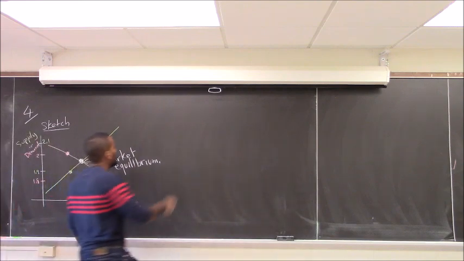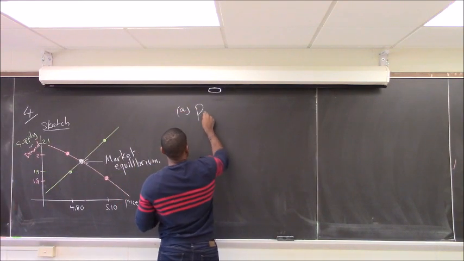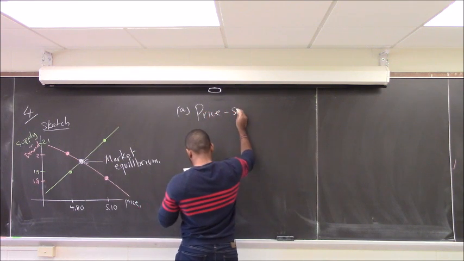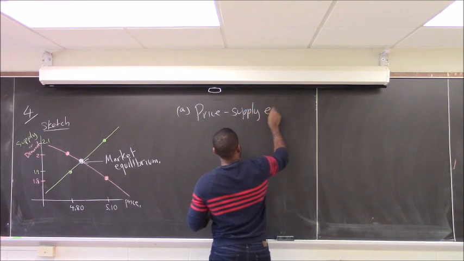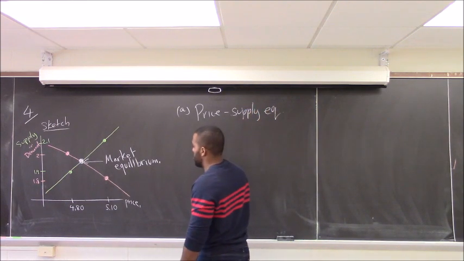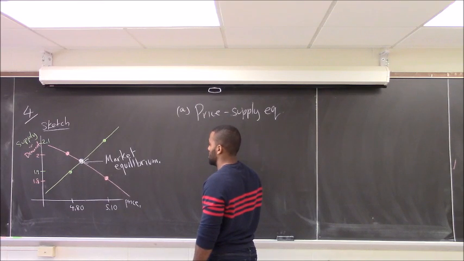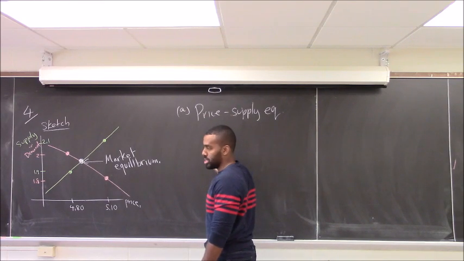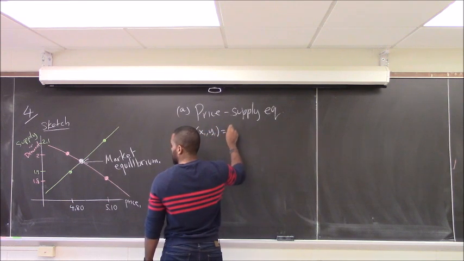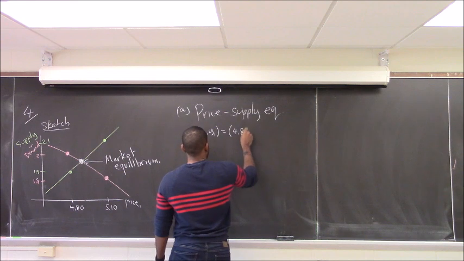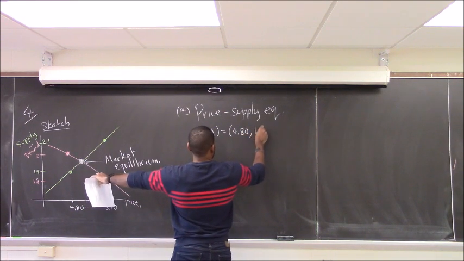So A. How do you find the equation of a line that goes through 2 points? Well, first you can call the point something, right? So let's say you call it x1, y1 is the 480, comma 1.9.